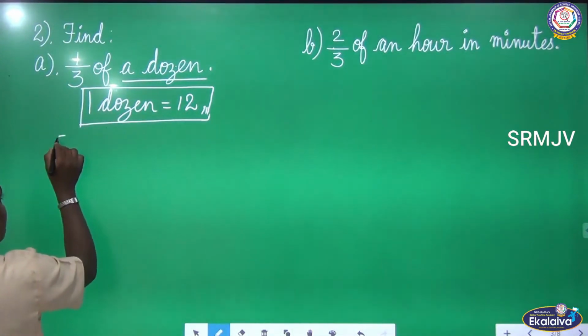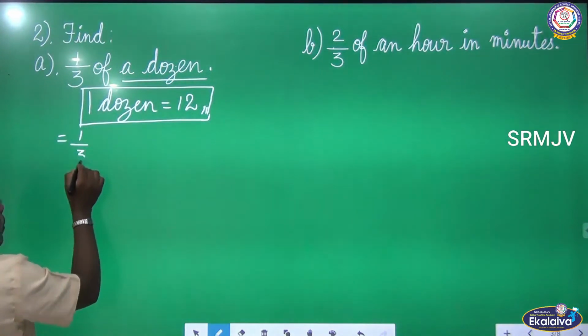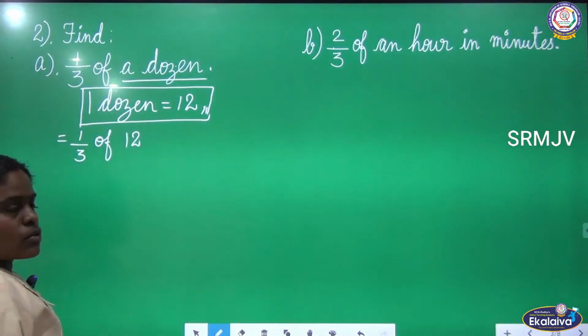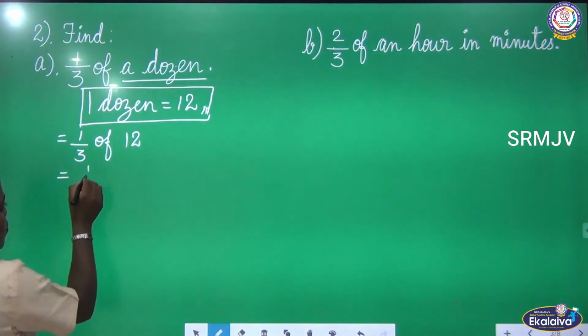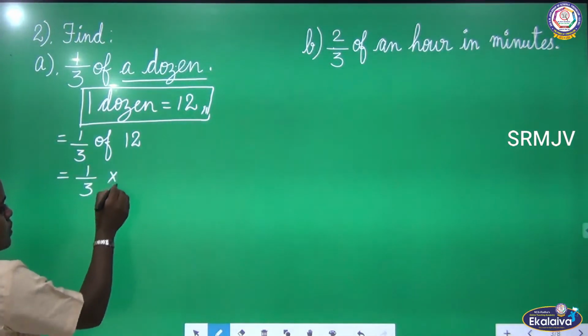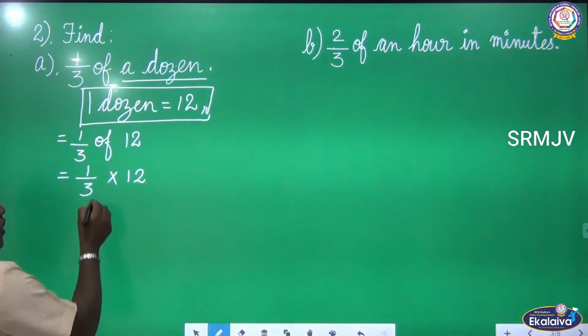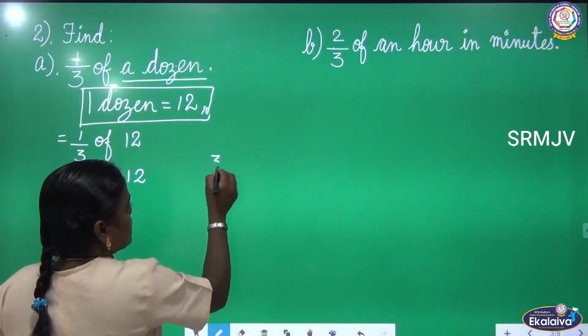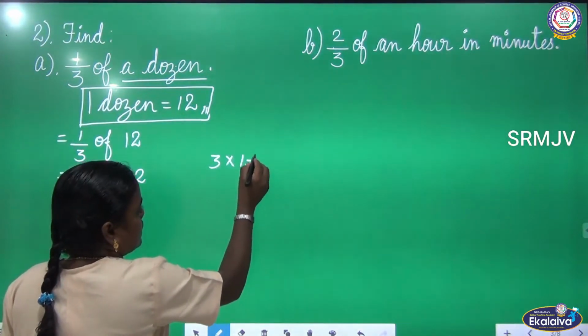So here what we are going to find? 1 by 3 of 12. So 1 by 3 multiplied by 12. So we are going to use 3 times table here. 3 ones are 3.